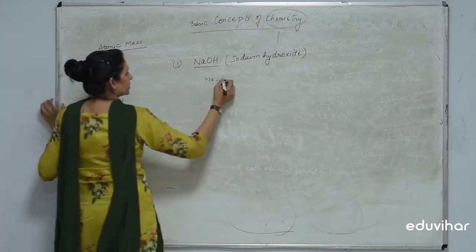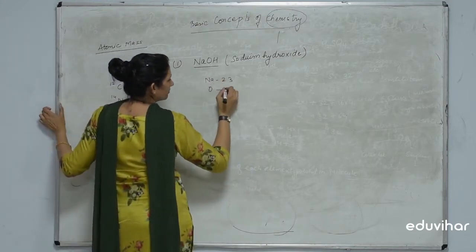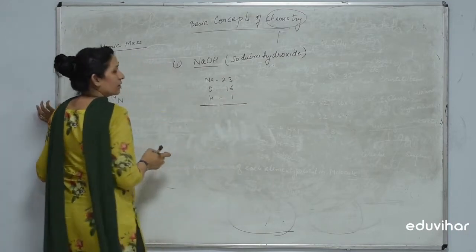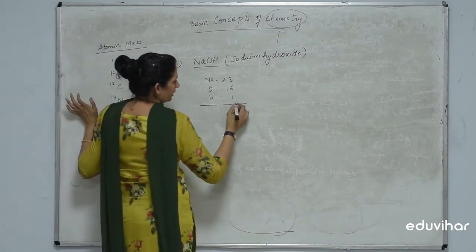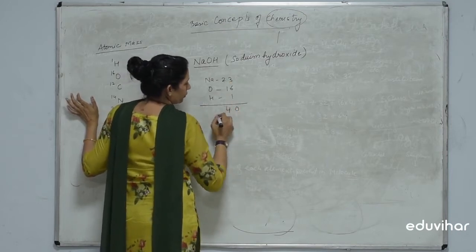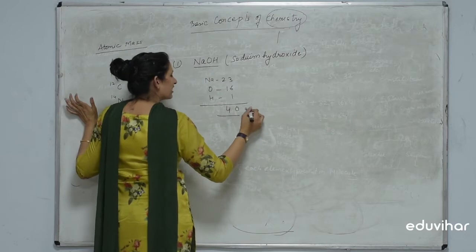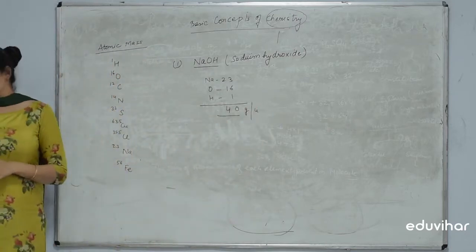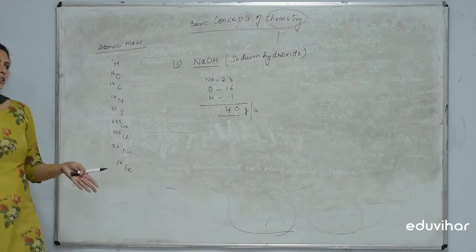That is 23. Oxygen having 16. Hydrogen having 1. Then what is the molecular mass of NaOH? That is 23 plus 16 plus 1, which is 40 gram. You can also write the unit. Okay. I think you can calculate the molecular mass easily of any molecule.